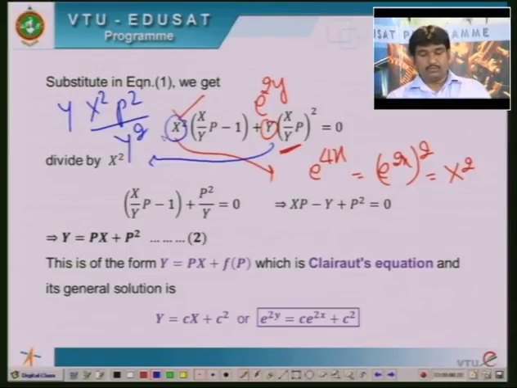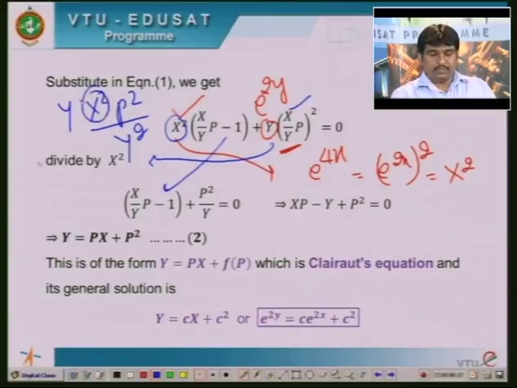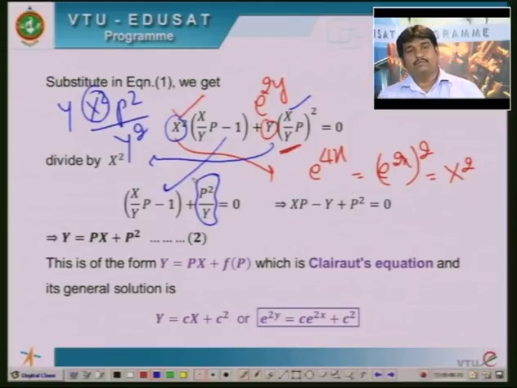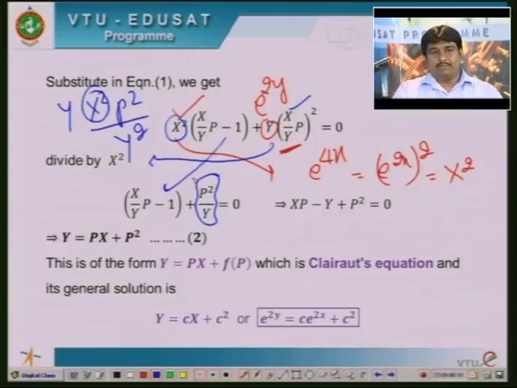So divide throughout by x square to get this term as it is, x by y into p minus 1 plus. This part is gone. When you divide by x square, y by y square is 1 by y, and you will be left with p square by y here. So it is x by y into capital P minus 1 plus p square divided by capital Y equals to 0.